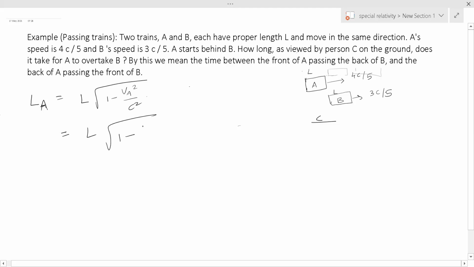That's 16/25, with a c squared in the denominator, so they cancel. 25 minus 16 is 9. So LA is equal to 3L divided by 5.